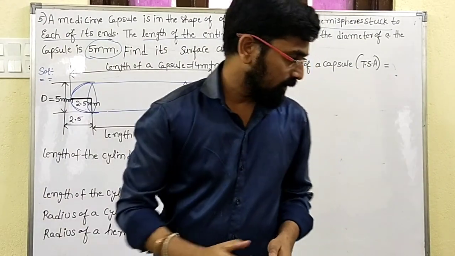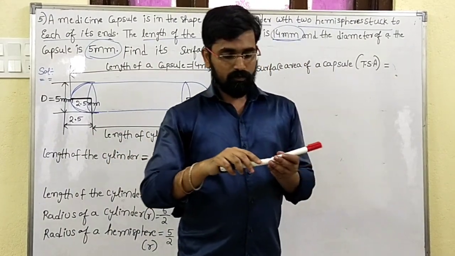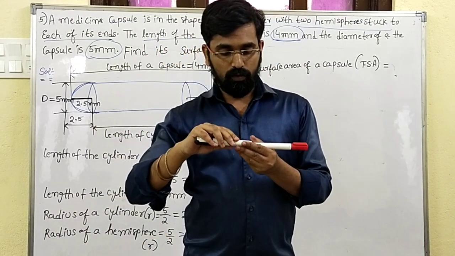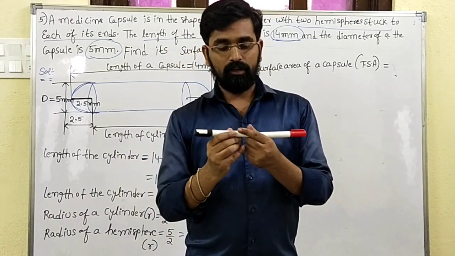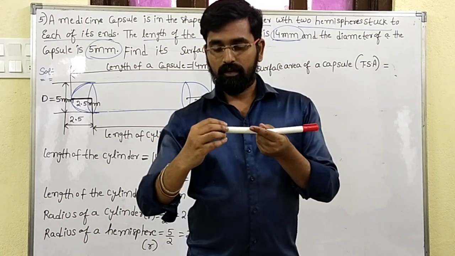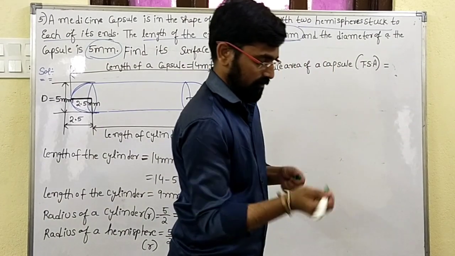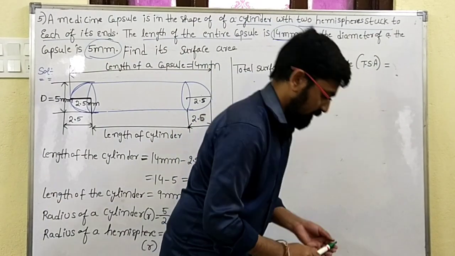Let's see here. If you want the TSA, it is the total of the cylinder, a hemisphere and another hemisphere. See here how you are going to get it.